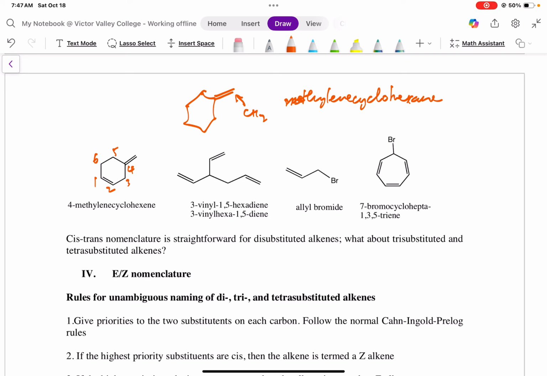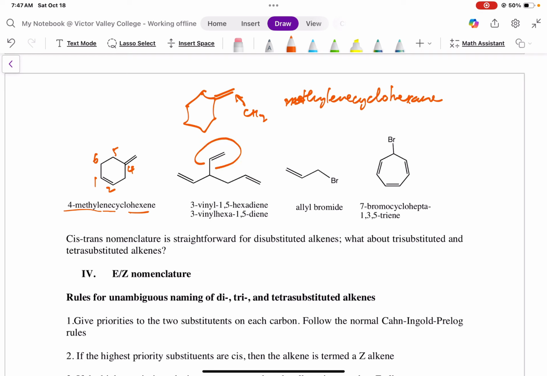If you start number 1 right here, that's not good. 2, 3, 4, 5, 6. Okay, so we don't want that. The double bond ends up at number 5 instead of number 4, so that's not good. So that's why 4-methylene cyclohexene.